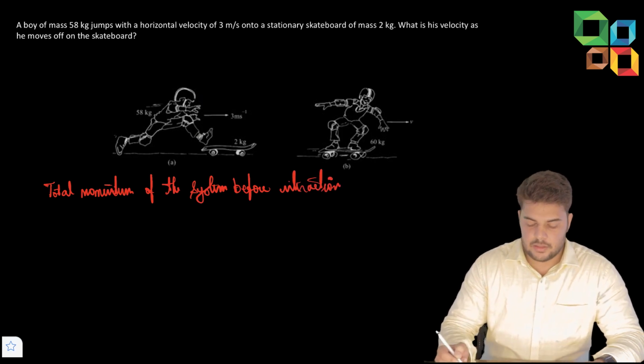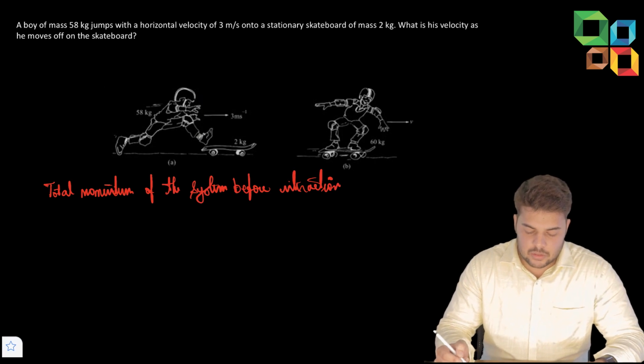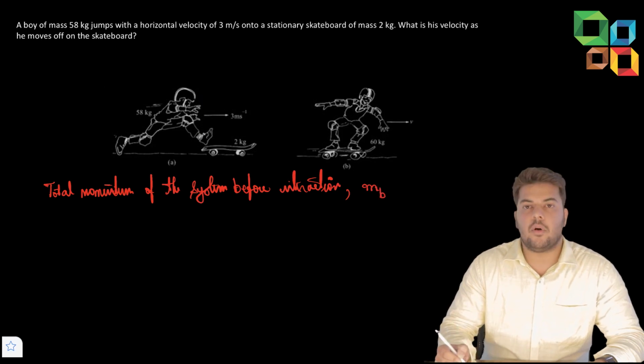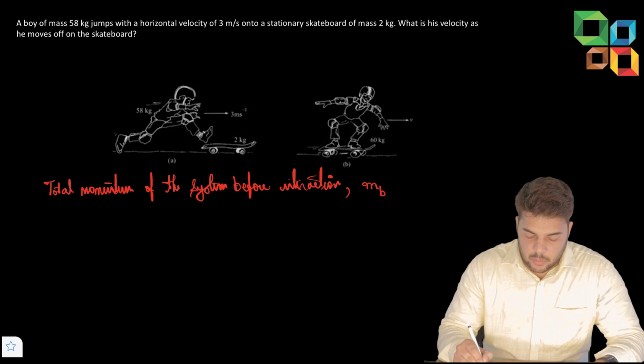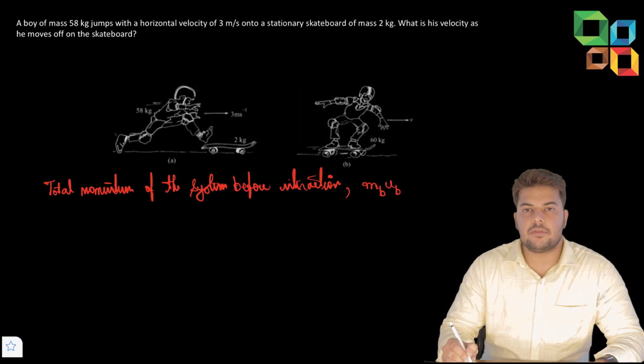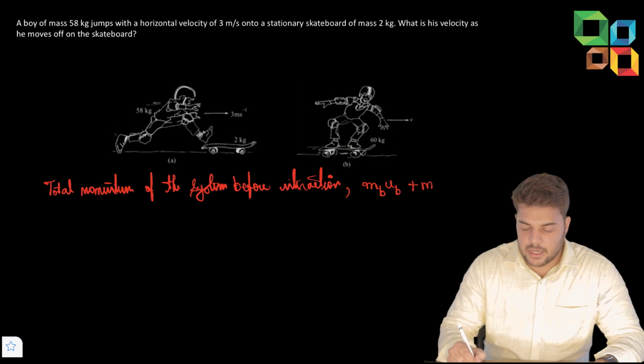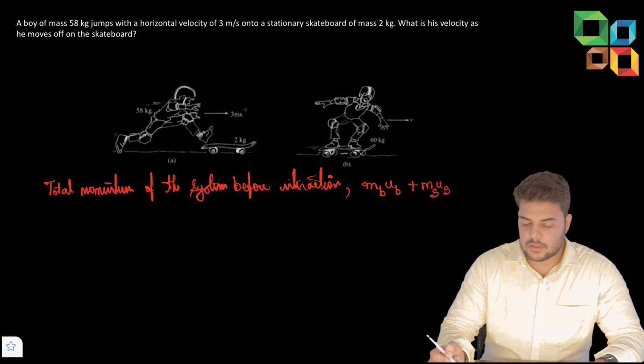I can say that it is the mass of the boy times the speed of the boy, which let's write as UB. That's the momentum of the boy plus the momentum of the skateboard. So this is the total momentum before the interaction happened.